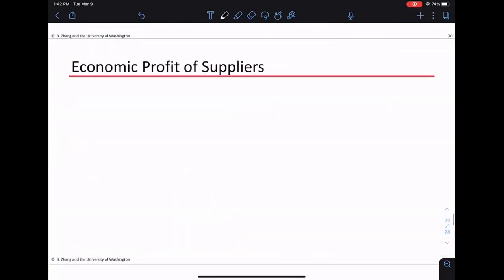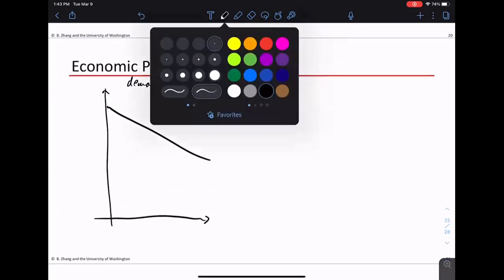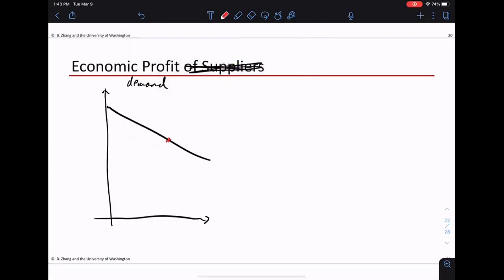If you look at social welfare, what this actually means is the following. If you just look at the demand, let's say this is your demand curve and pi star at this point. Then this is your Q star, this is your pi star.